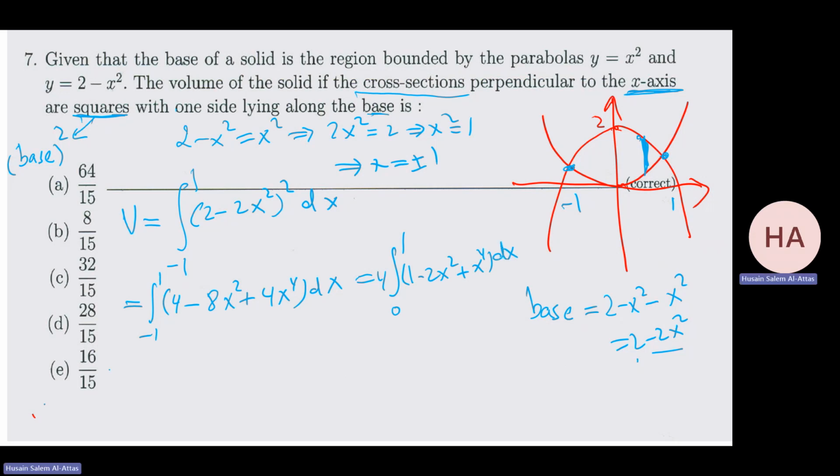dx. So this one will be 4 times x minus 2x cubed over 3 plus x to the power 5 over 5. All of that from 0 to 1. So 4, 1 minus 2 over 3 plus 1 over 5 minus 0.